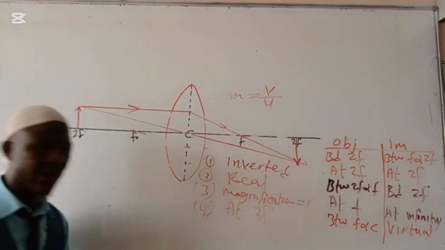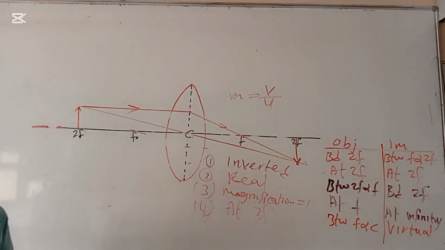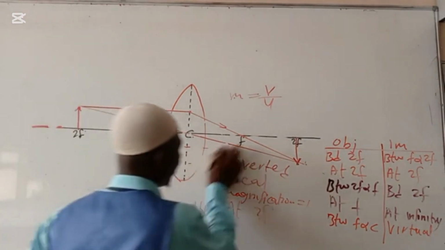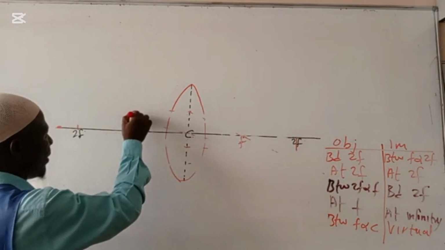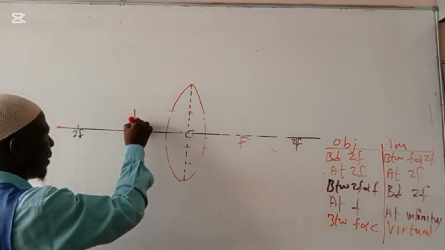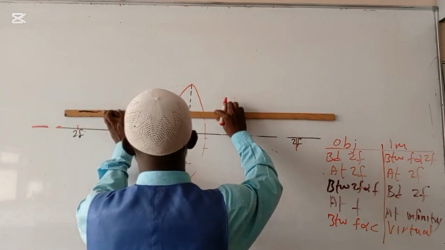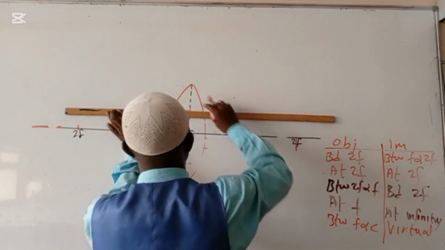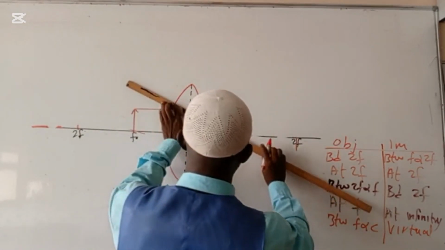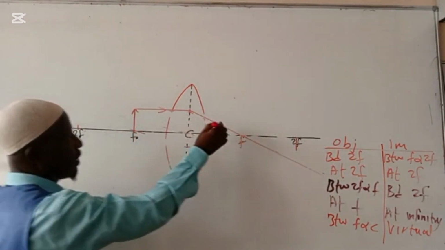And what if we now place our object at F? If the object is placed at F, we have our object here. Let's say a ray parallel and close to the principal axis like this. The ray is going to focus, then we have this.